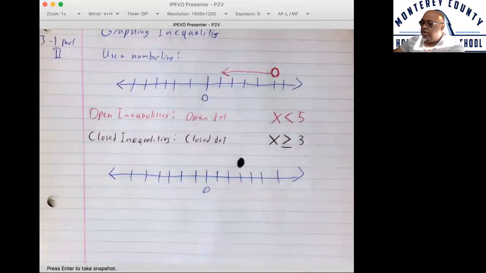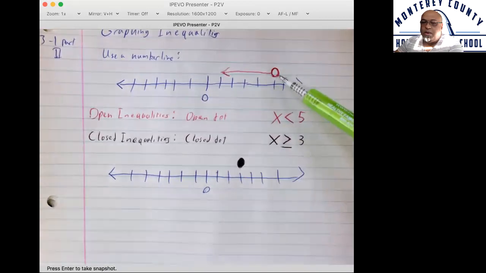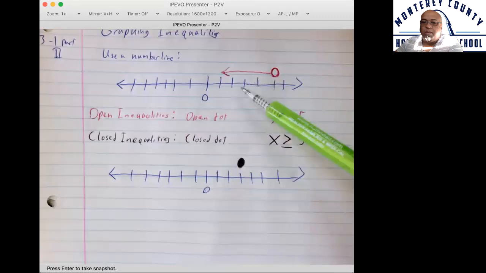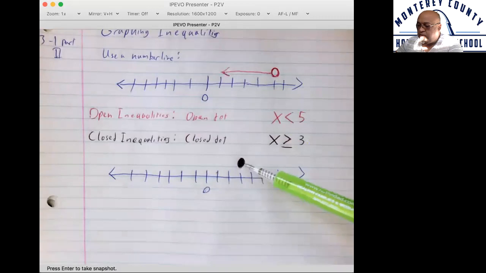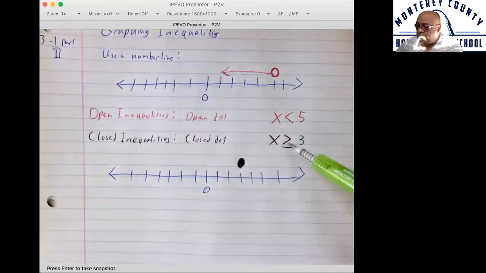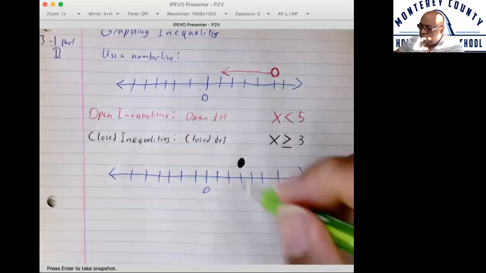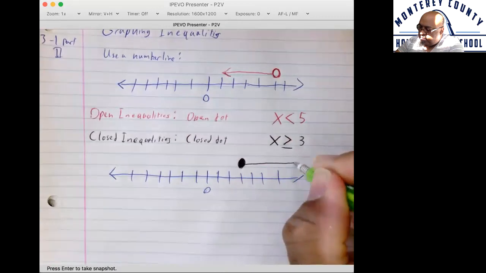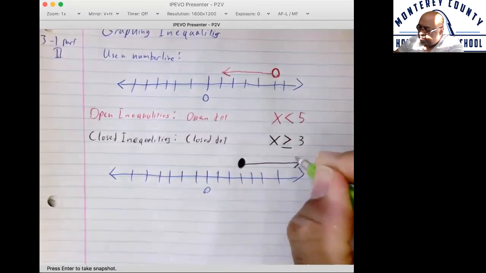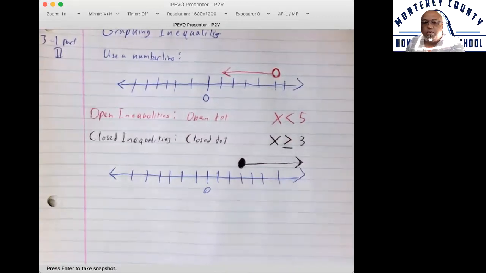The open dot means that the statement cannot be the number where it's at. It can only be less than that number. But a closed dot means that it could be that number or whatever else the inequality says. Now the inequality here is saying that x is greater than or equal to 3. So I would draw my arrow in the direction of any number that is larger than 3.